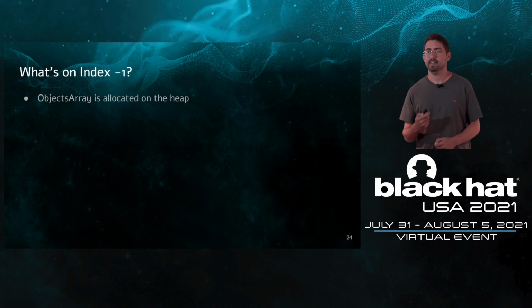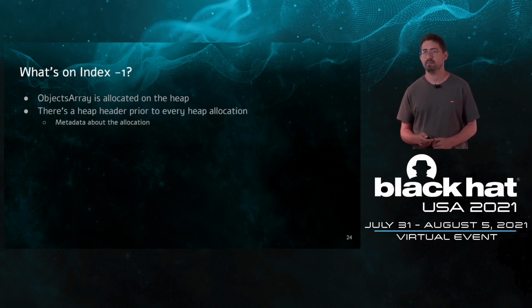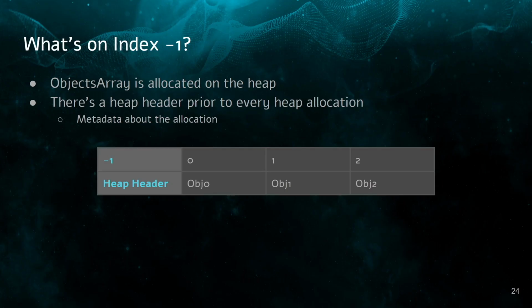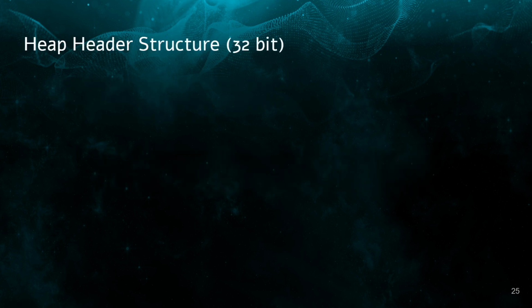I found out that that array itself is allocated on the Windows heap. And prior to every heap allocation, you have the heap header, which describes some metadata regarding that specific allocation. And that means that the only primitive that this bug allows is to type confuse the heap header with an object pointer. So I decided to take a look at what the heap header looks like.